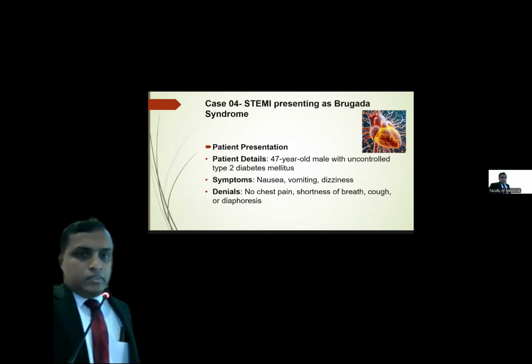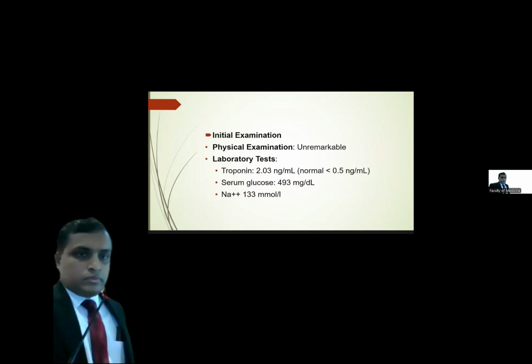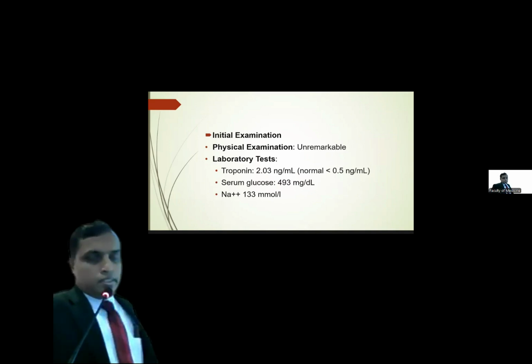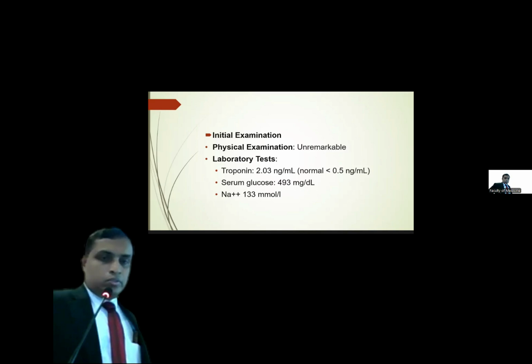This is a 47-year-old male with uncontrolled type 2 diabetes, coming with nausea, vomiting, and dizziness. He didn't have chest pain, but there's shortness of breath, cough, and sweating. Physical examination was unremarkable. Troponin was high, serum glucose also high, and sodium was a little bit low.